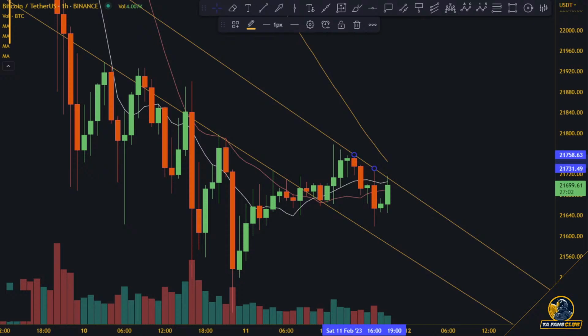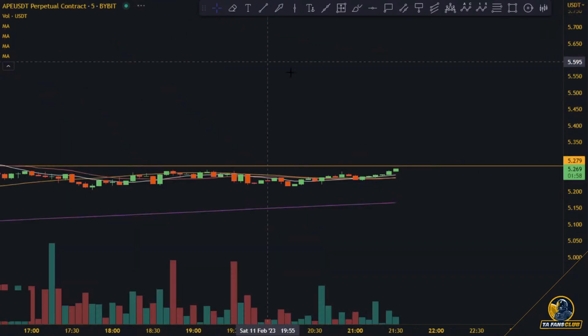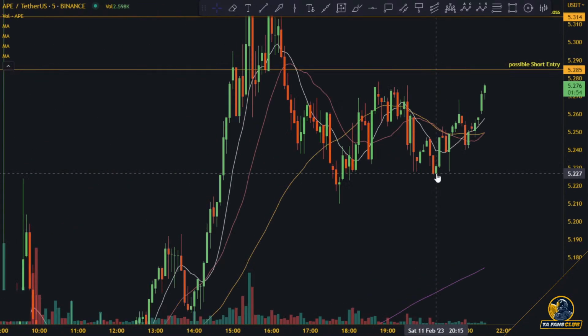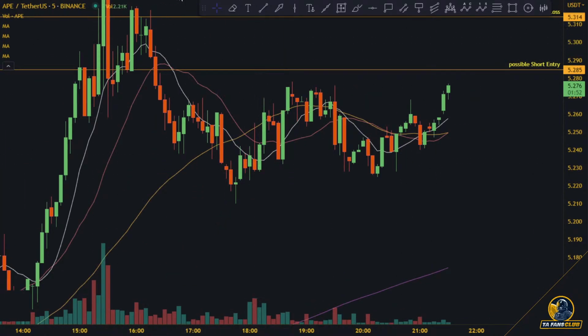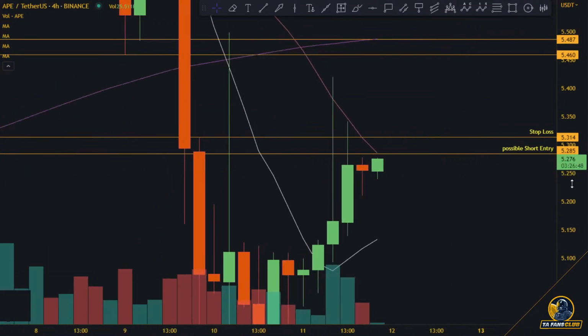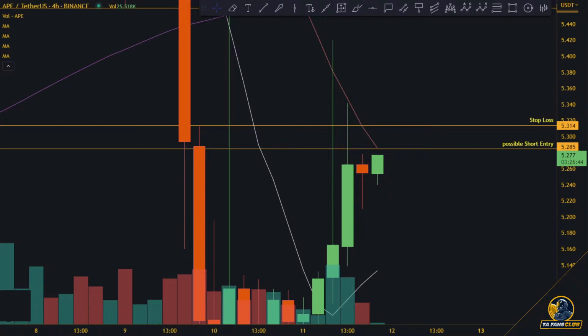Back a little bit. This is really coming towards our short entry. Big question is, will it get rejected or is it just gonna hit it and continue through it?